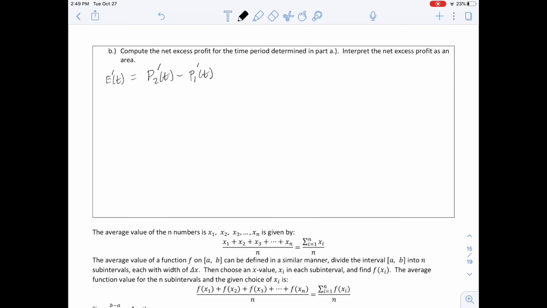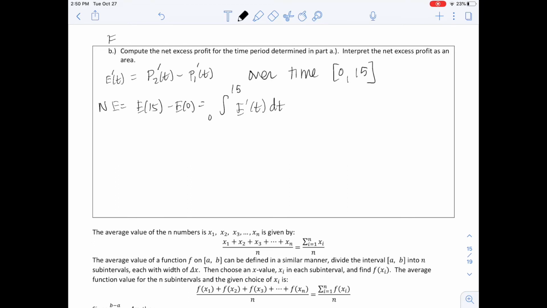The time period we're dealing with is from 0 to 15, which is what we saw in the previous problem. So NE, from the formulas above, is E of 15 minus E of 0, which is equal to the integral from 0 to 15, using our fundamental theorem, of E prime of t dt.